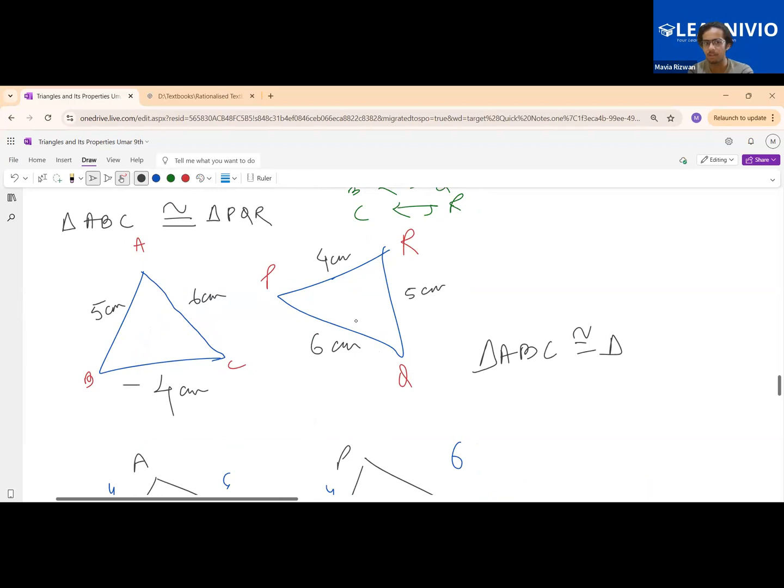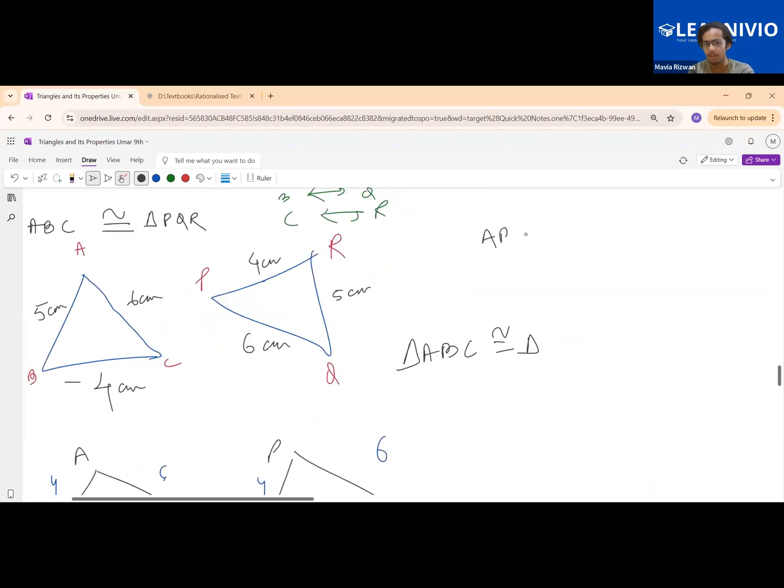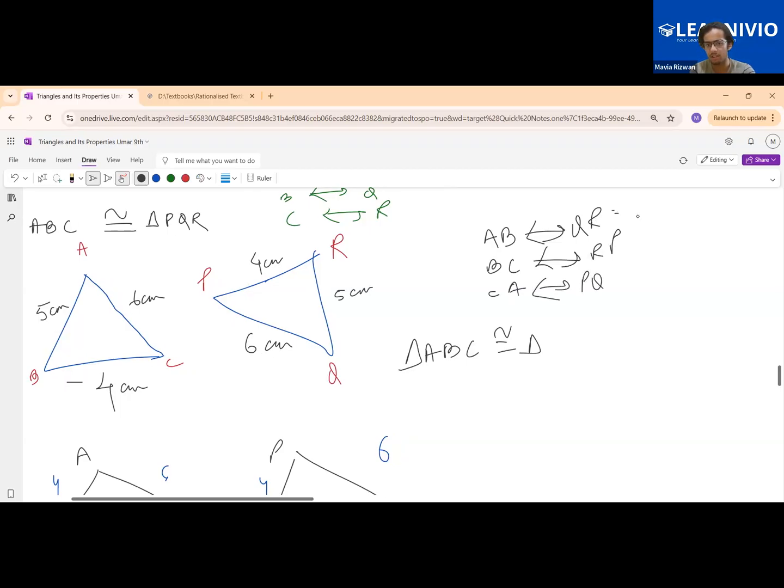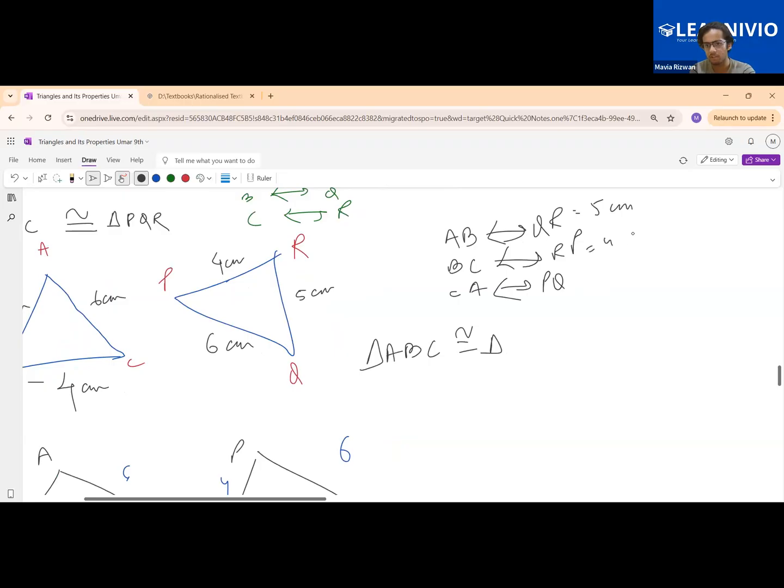So basically AB is equal to QR, BC is equal to PR or RP, and CA is equal to PQ, because this is 5 centimeters, this is 4 centimeters, this is 3 centimeters, right, Umar? Yes, sir. Okay. Now let's say they are equal.